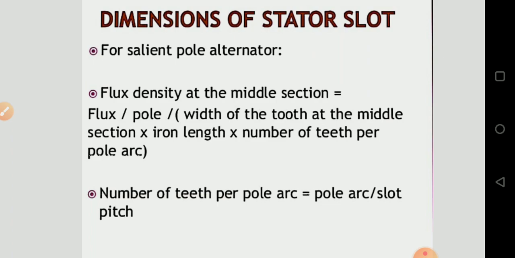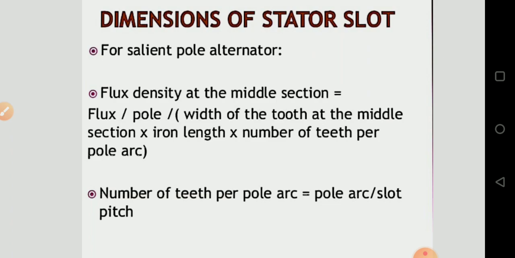For the salient pole machine, flux density at the middle section is equal to flux per pole divided by the width of the tooth at the middle section times iron length times number of teeth per pole arc, where the number of teeth per pole arc is calculated as pole arc upon slot pitch.